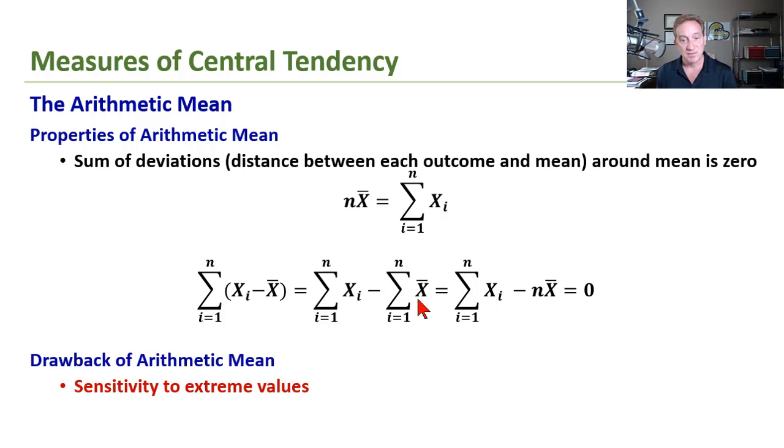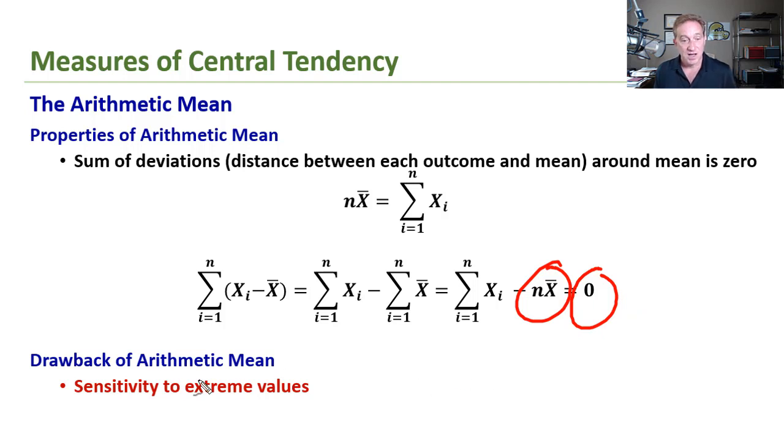But if we take the sample mean and add it together n times, well, that itself is n times the sample mean, which is the sum of the observations. And so we've subtracted the sum of observations minus the sum of observations. We need to get a 0.